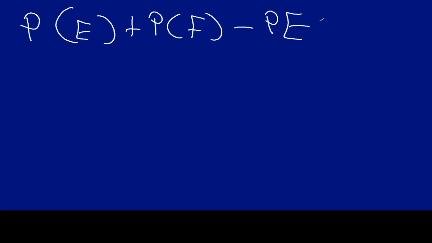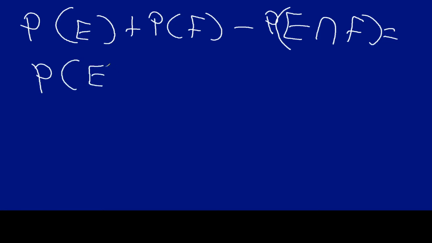The probability of E plus the probability of F minus the probability of E intersect F, I forgot to put my curve there, is upside down. Probability E intersect F equals the probability of the union of E, F.